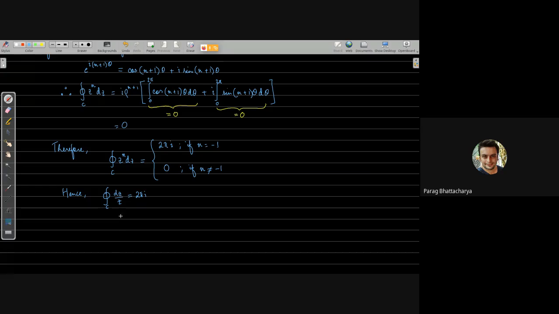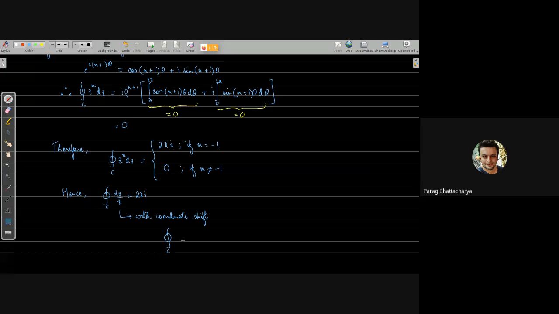And this result, we can have a shift of the coordinates. With a coordinate shift, this C is a circle whose center is at 0. Instead of the center being at 0, let's say you shift the center to some other point and then perform the integration.